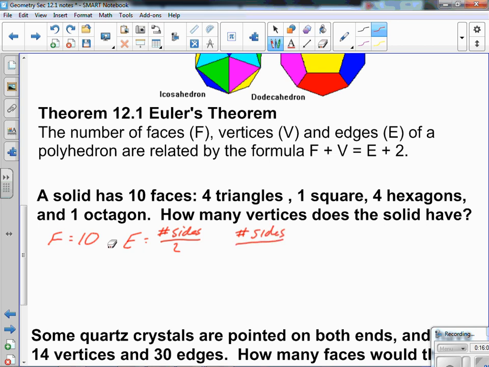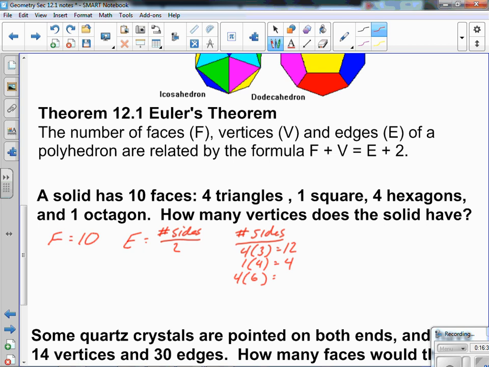look at all the shapes that we have. We have 4 triangles, and a triangle has 3 sides. So 4 times 3 is 12. You have 1 square, so 1 times 4 is 4. 4 hexagons. A hexagon has how many sides? 6. Yep.